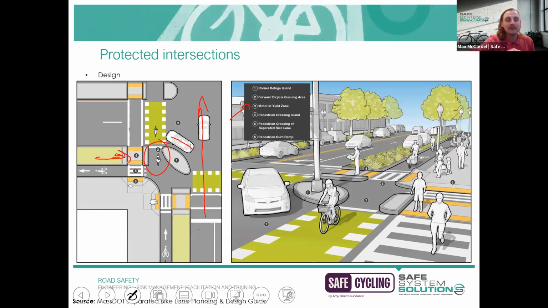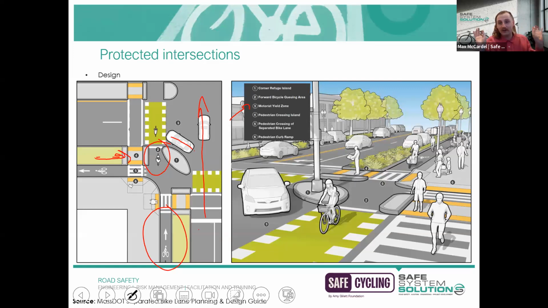And I think this is another really important point, where if prior to this intersection we've had separated facilities, so we've had pedestrians on the footpath and we've had cyclists in a separated facility, in this protected bicycle lane here, then it's really good practice at the intersection to continue that separation.